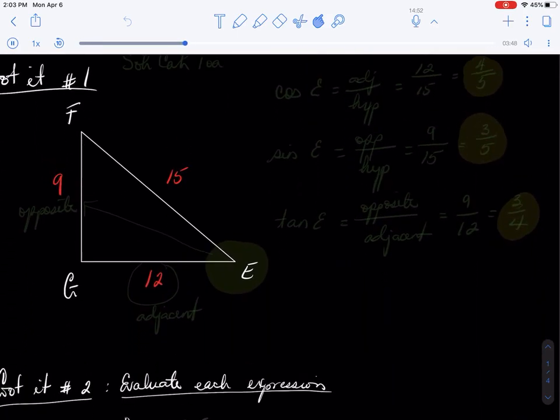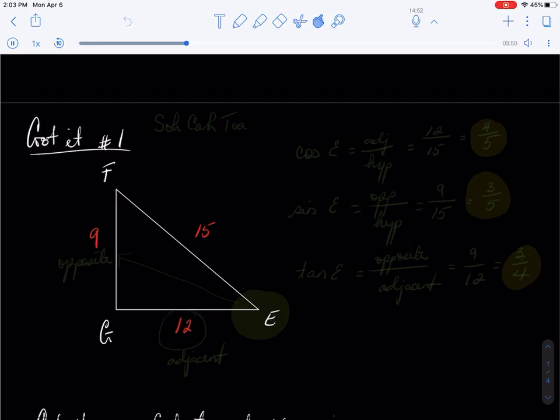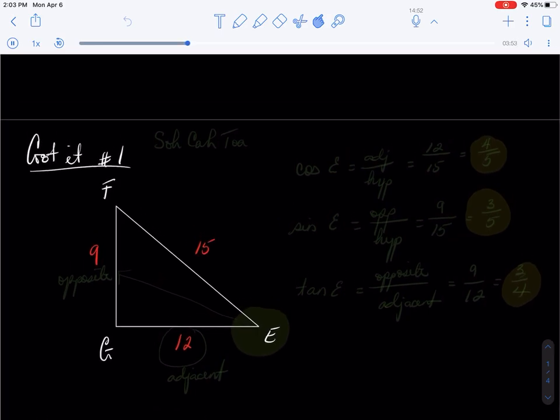Let's take this example of the guided one. The guided one asks you to find the sine of angle E. For this problem, they ask you to find the cosine of angle E, and then the sine of angle E, and then the tangent of angle E. I know that I need to be familiar with this acronym.